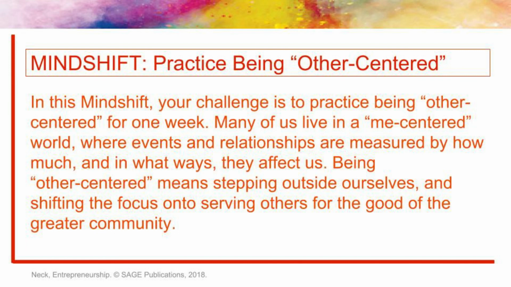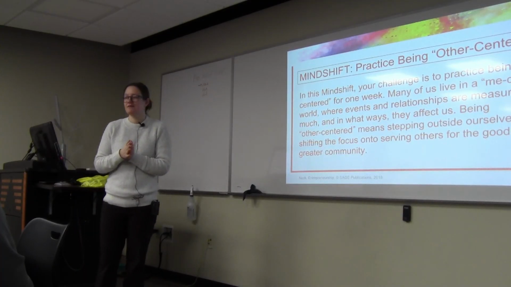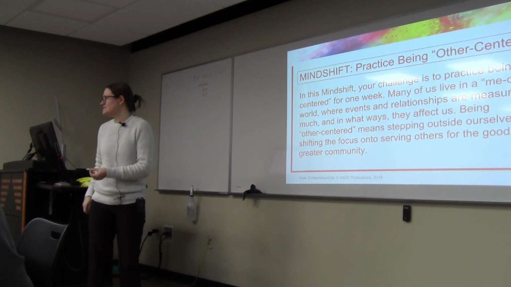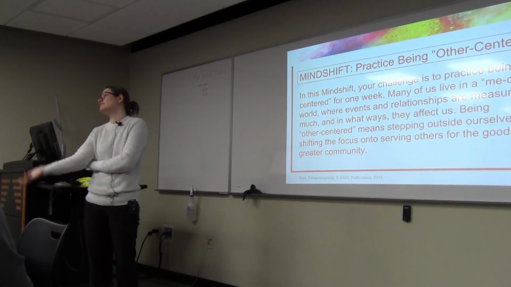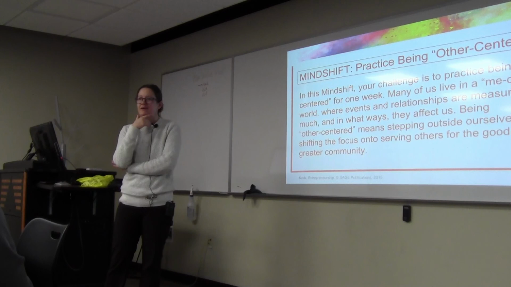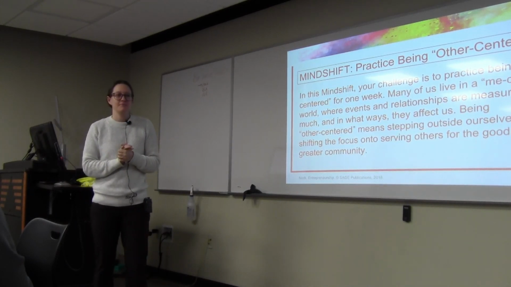So let's say you're standing in line at the grocery store and somebody in front of you decides that they're going to pay in cash and coins, right? So now they're digging into their pocket, trying to find exact change, and you're just sitting there like, oh, I just want to get out of this store and go home and make my food and eat dinner, right? So that's very me-centered, like hurry up, come on, get through the line.